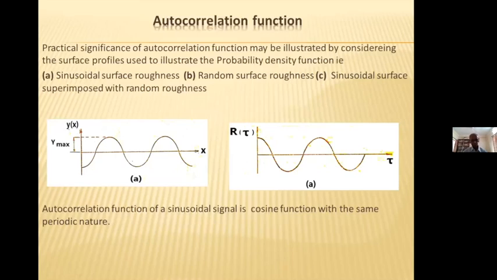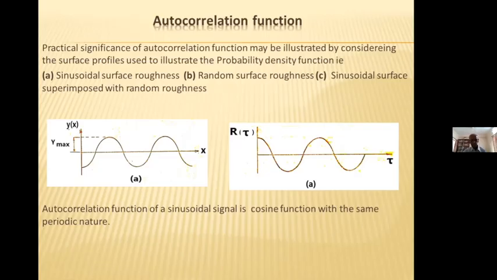Okay, so this is a simple way of defining a surface roughness in terms of the autocorrelation function. A sinusoidal roughness will give an autocorrelation function which is a cosine function. Okay, so that is very simple.